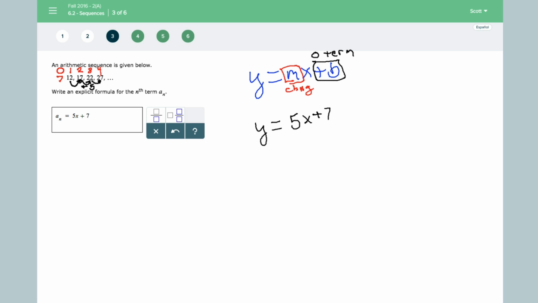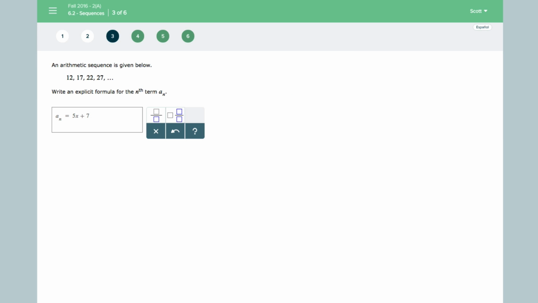That's all you need to do. Instead of x, it wants us to use n. 5n plus 7. And that's easy to do, but just remember, it wants the nth term, and that n is what needs to go in right there.